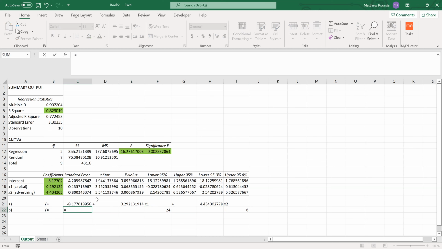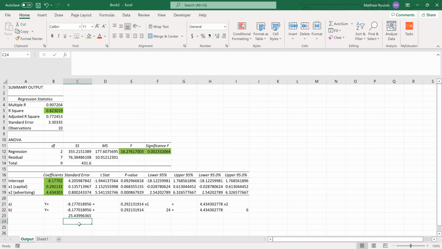So you take the numbers and you work out this equation. I'm just bringing them down. In terms of the result here, you're going to take this number, multiply it times 24 plus this 4.43 times 6.